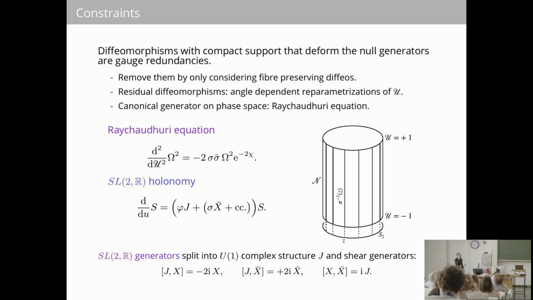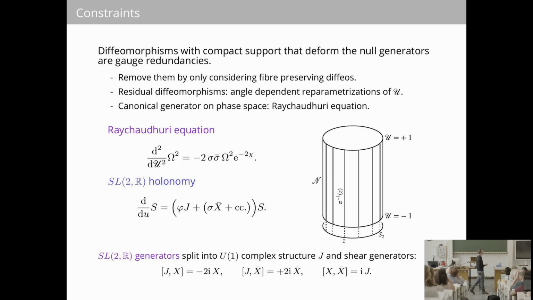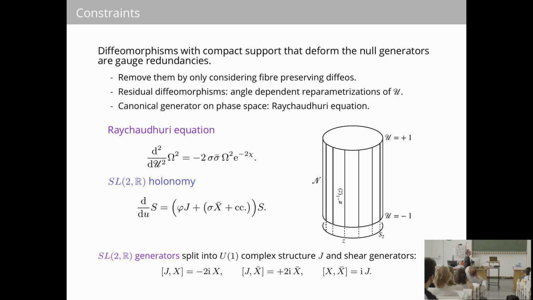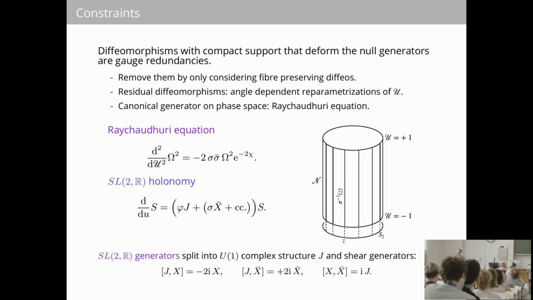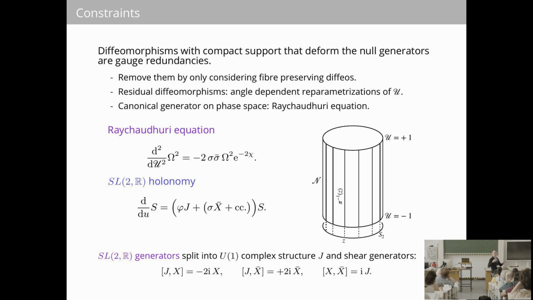And conjugate to this shear is, so now we have a phase space. We have this group valued data, an SL2R phase space, and conjugate to this SL2R group element is, in the phase space sense, an SL2R Lie algebra valued element.